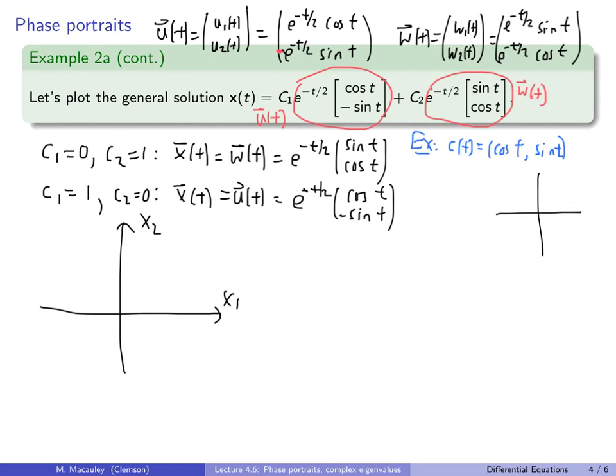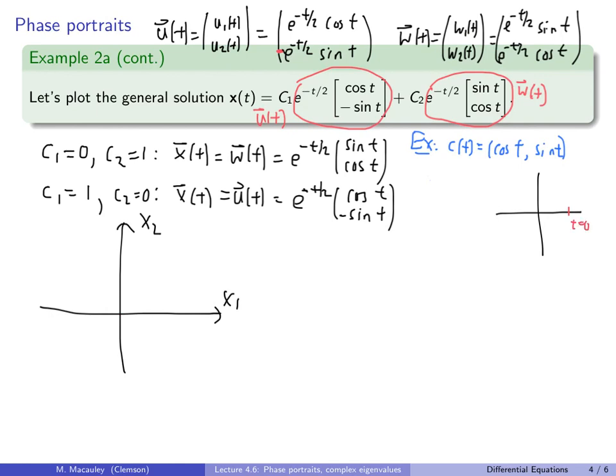Picture a bug that traverses the xy plane according to this. At time equals 0, we are at cosine of 0, sine of 0, which is 1, 0. So at t equals 0, we are right here.